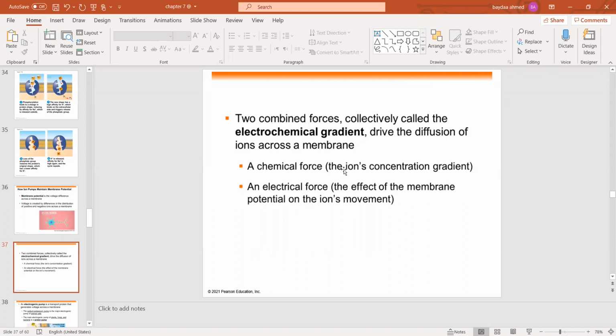We have a chemical force, the ion concentration gradient, and an electrical force, the effect of the membrane potential on the ion's movement. This combination of forces acting on an ion is called the electrochemical gradient.